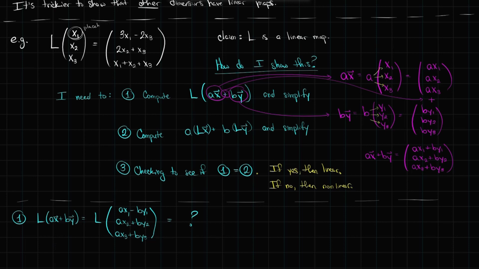So instead of writing it as x1, let's just write it as a nice red square. Whatever goes inside of the red box on the left goes inside of the red box on the right. Let's do the same thing with x2: whatever goes inside of the blue box on the left goes inside of the blue box on the right.